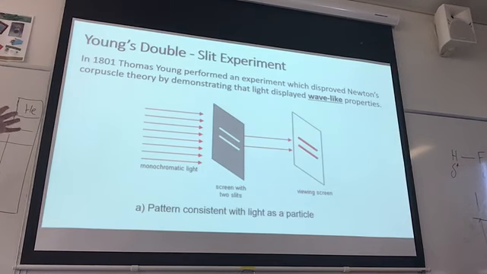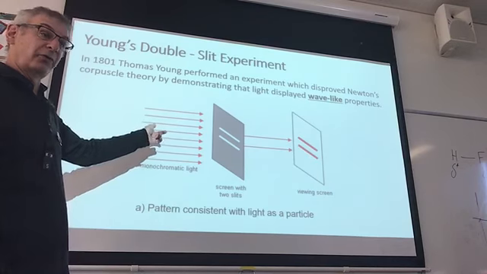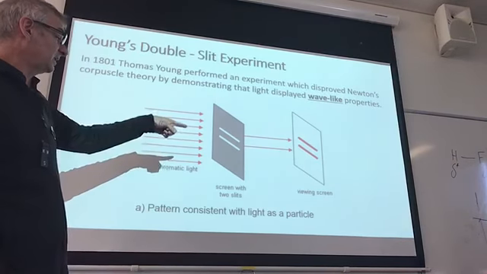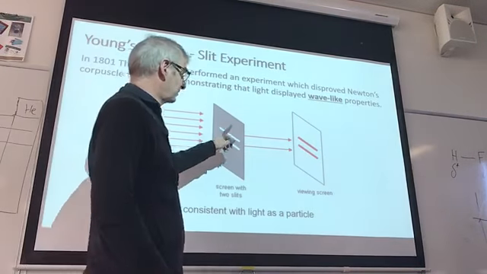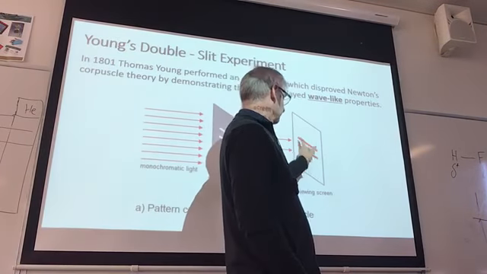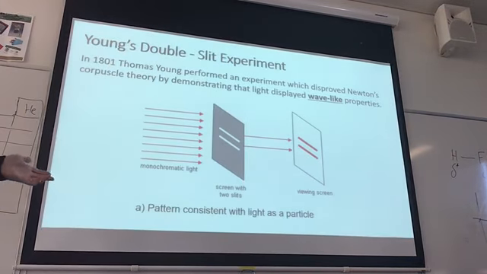Because if we're shining monochromatic light, so light with a single wavelength, single frequency, through a double slit, if light was made up of particles, then you would expect to see two lines, which, if you remember the guy in the yellow shirt yesterday, that's what he thought he was going to see, just two lines.